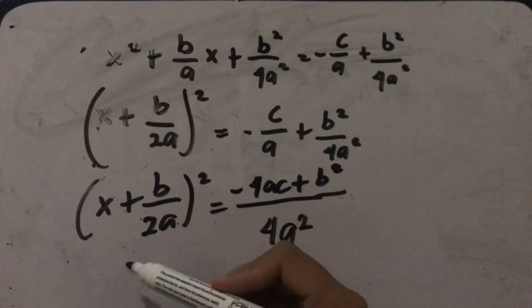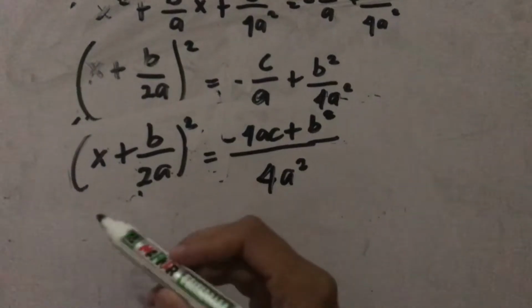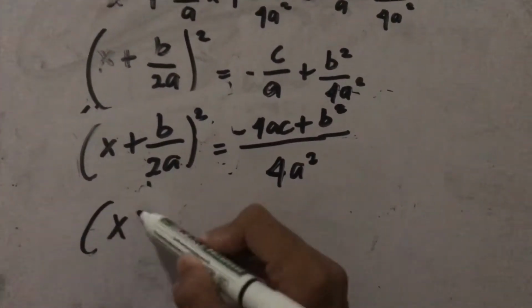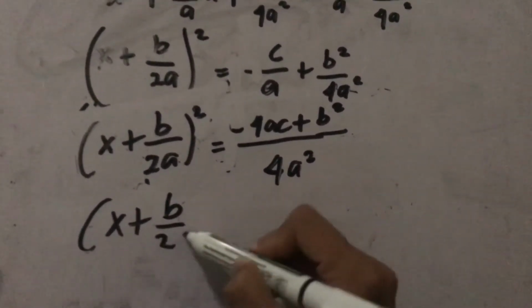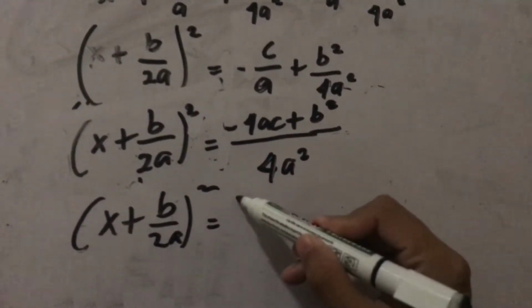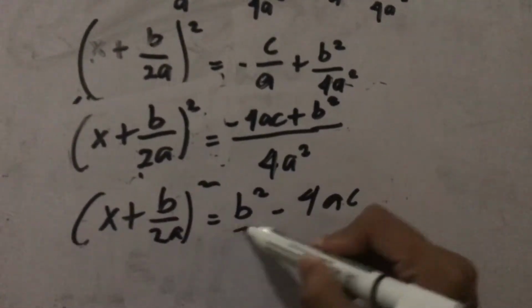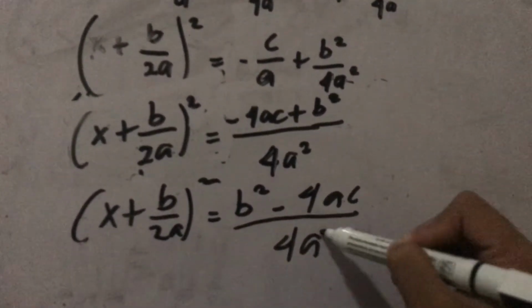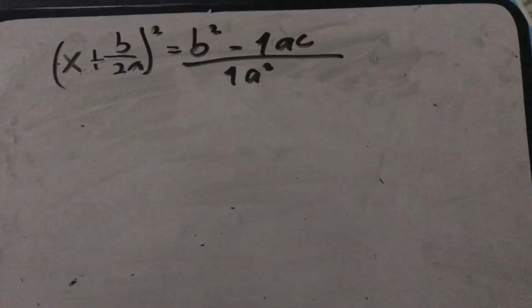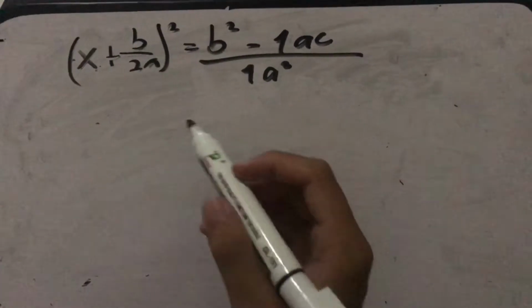So, na-simplify na natin yan. After that, rewrite natin x plus b over 2a squared is equal to b squared minus 4ac over 4a squared. So after that, we need to square root both sides.